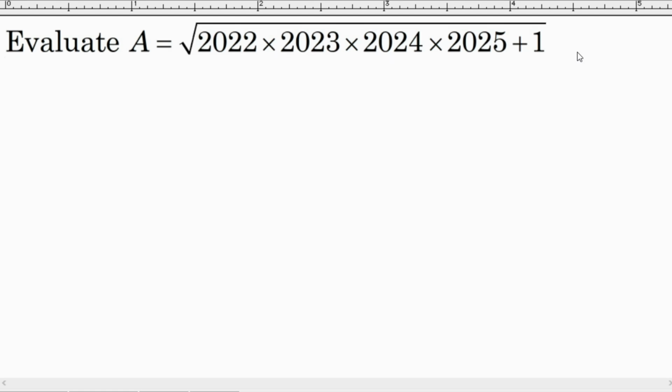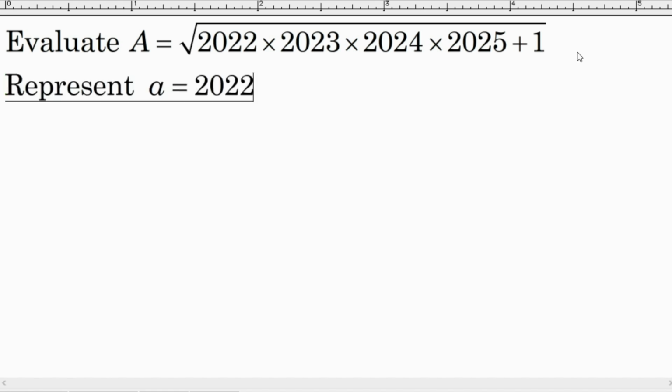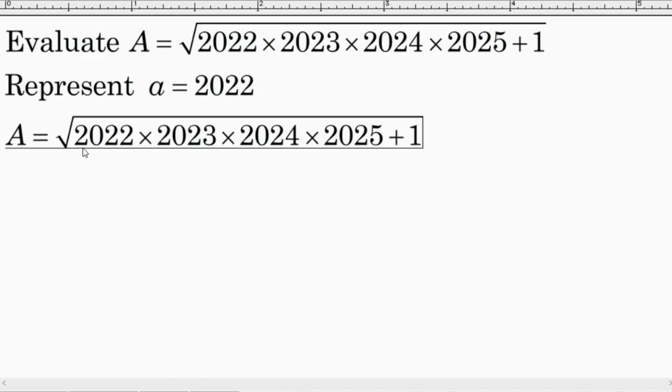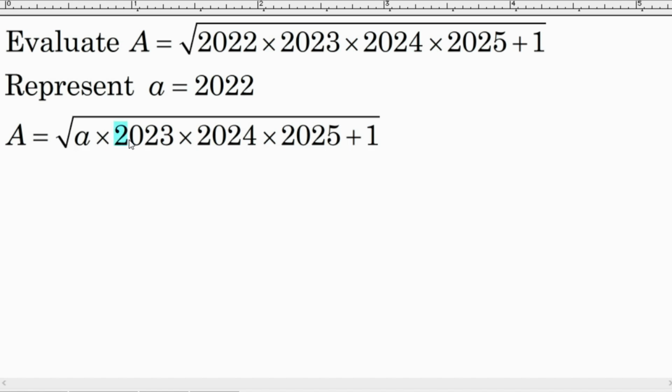Okay, so first, we have to represent a equal to 2022. Then, with a equal to 2022, we can take small a and substitute into this quantity. So 2022 changes to a, and 2023 is going to be a plus 1, right?